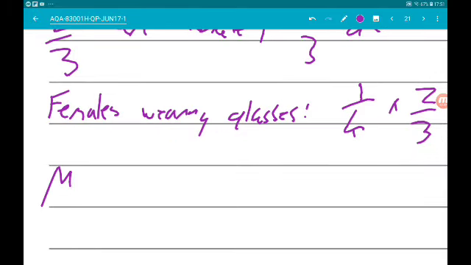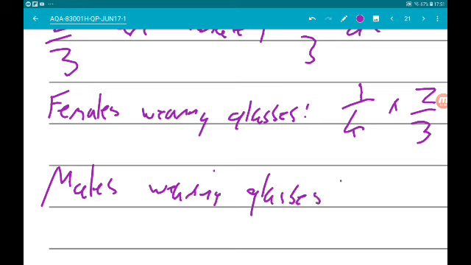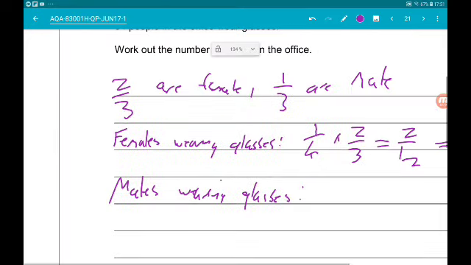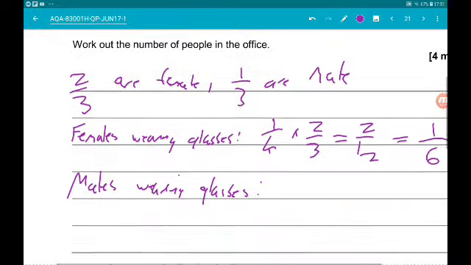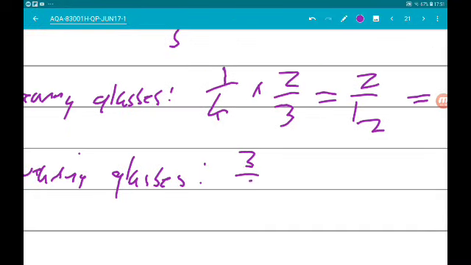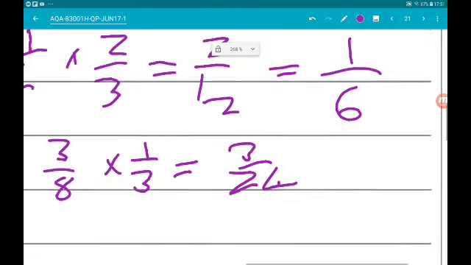Now we do the same for the males, so 3/8 of the males wear glasses. So the males wearing glasses, that's 3/8 of 1/3, so 3/8 times a third, that's going to give us 3 over 24. Now, altogether, well that is 1/8.